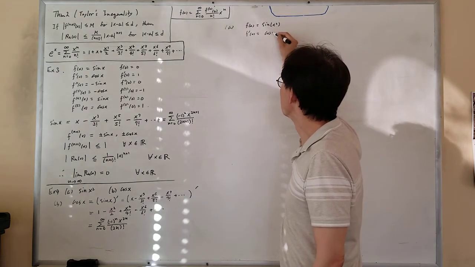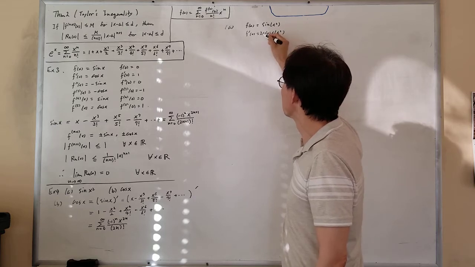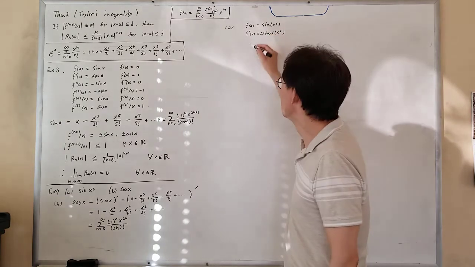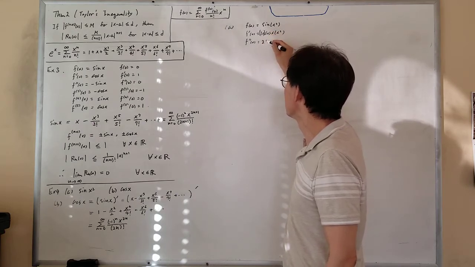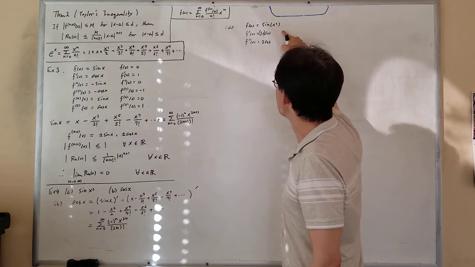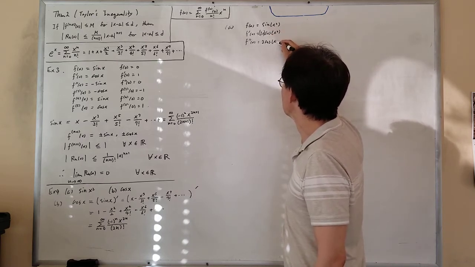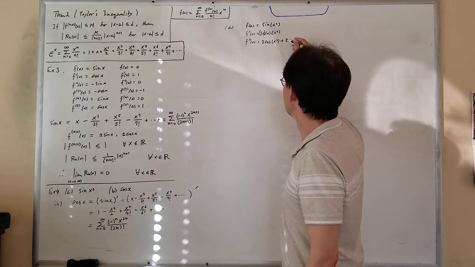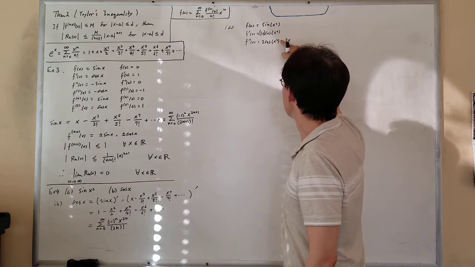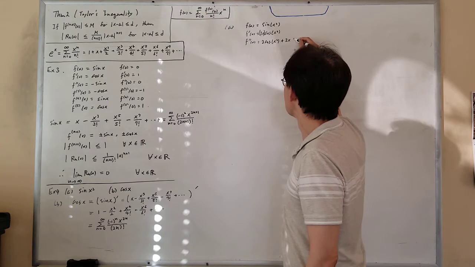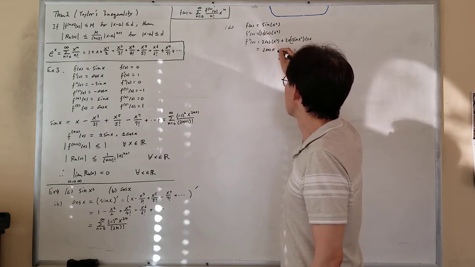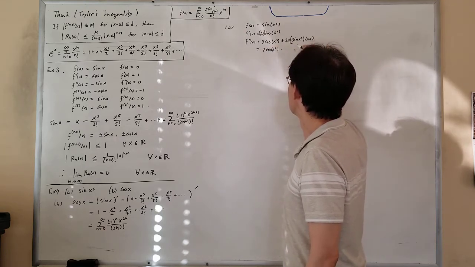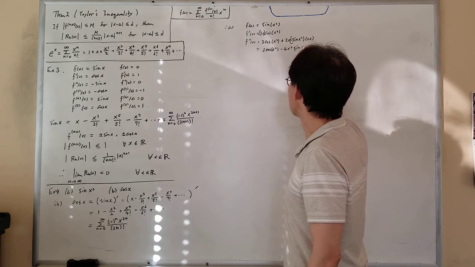First derivative, 2x, you have to use the chain rule. Second order derivative, now you have to use the product rule: f prime g plus f g prime. g prime will give you minus sine of x squared times 2x. So 2 cosine of x squared minus 4x squared sine of x squared.